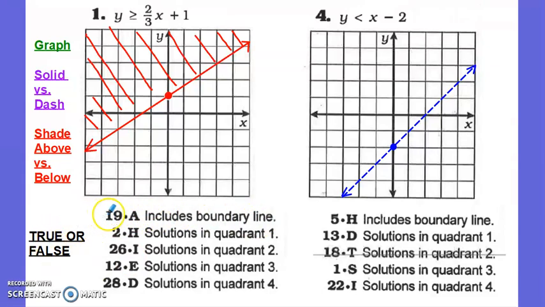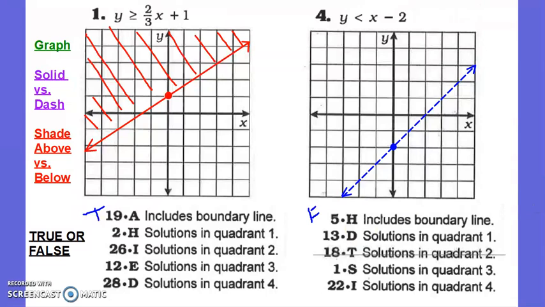I would say that's definitely a true statement. Whereas the second one, being a dashed line, does it actually include that boundary line? Well, no, I would say that's false.